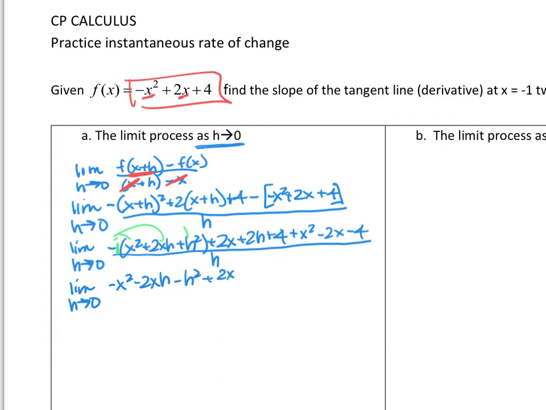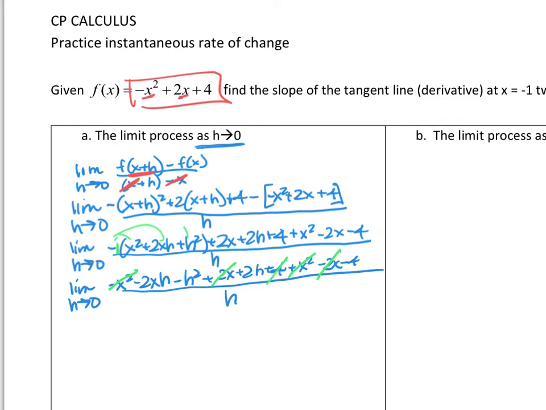We still have the negative 2x plus the 2h plus the 4 plus the x squared minus the 2x minus the 4 all over h. So now at this point, we look to see what simplifying we can do, what combining like terms. So we have the negative x squared, the positive x squared, that goes to 0. The positive 2x, the negative 2x go to 0.